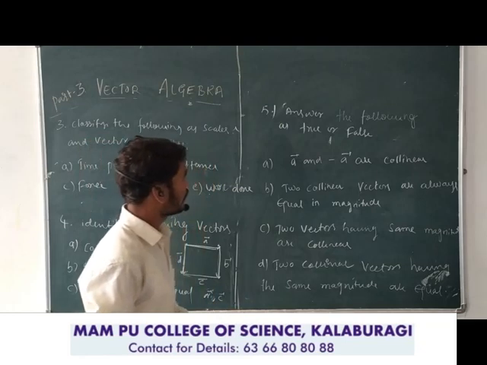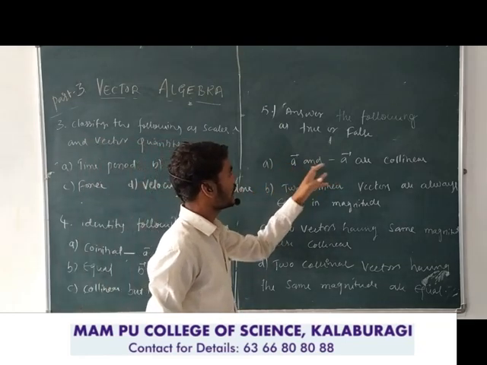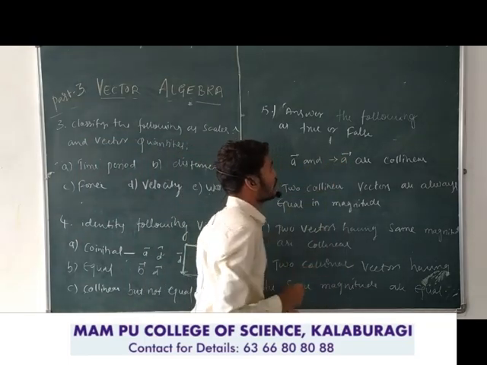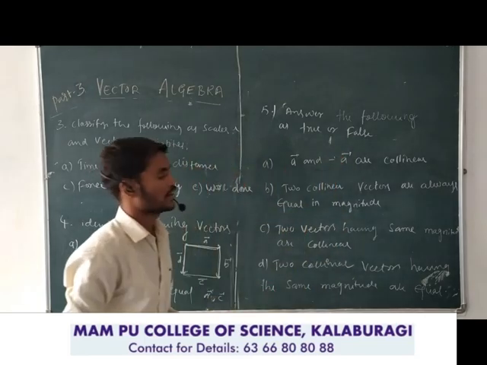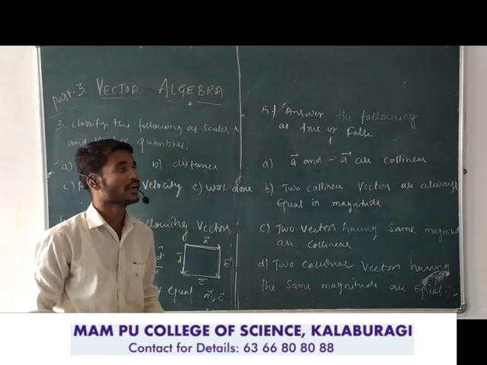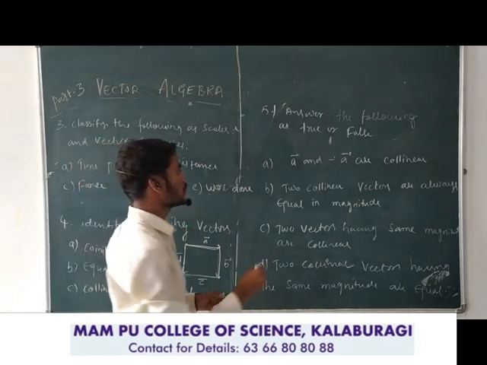First one: a and minus a vector are collinear. Of course it is true, because collinear vectors are parallel, but direction doesn't matter to us, so it is true.